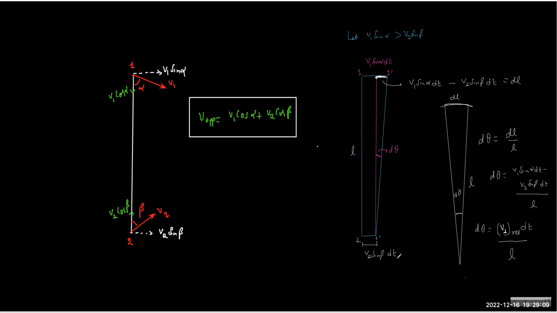This will take you to the idea of the rate at which the line will turn. So the answer is d theta by dt is how much? The answer is v perpendicular relative upon separation. Later on in the chapter of circular motion, you will come to know this is called angular velocity.